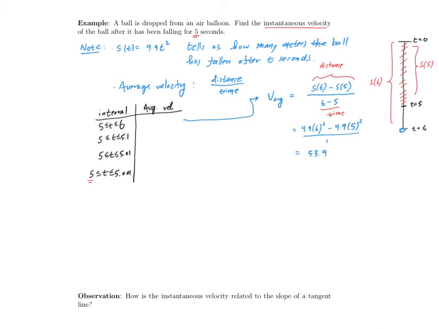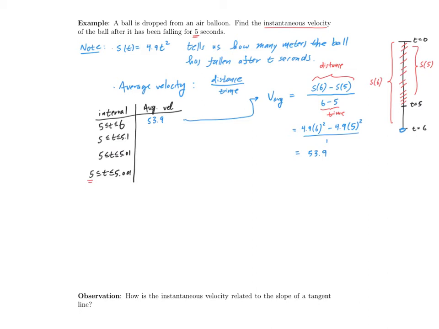And note, this is the perfect scenario when we're getting a table of values to use something like a calculator. So the average velocity on this first interval is 53.9. And note the units are going to be meters per second, but I'm not going to write that for each of them.